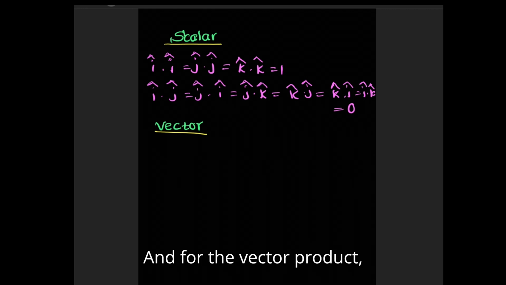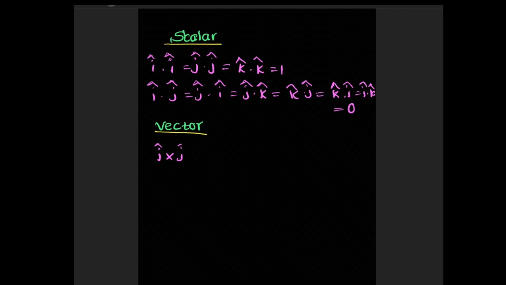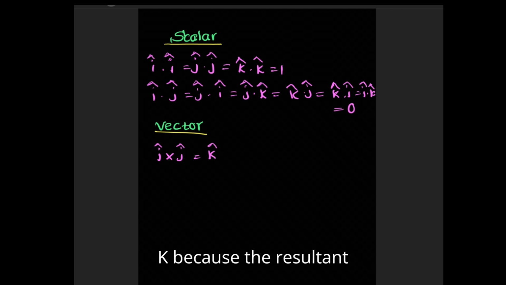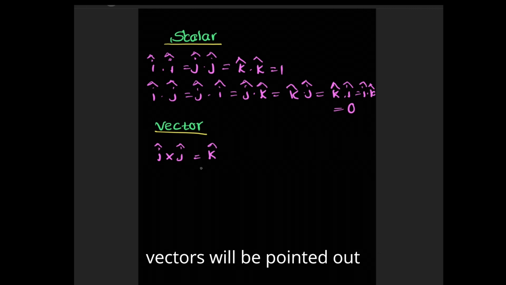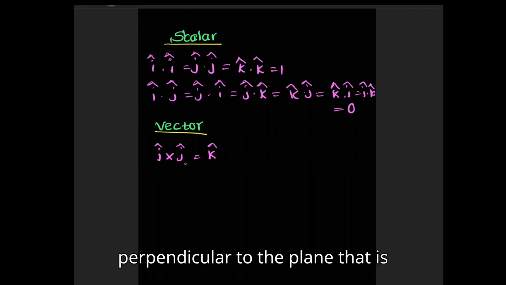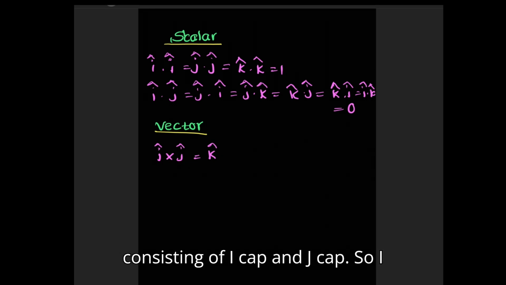And for the vector product, i cross j is equal to k, because the resultant of cross product between any two vectors will be pointed out perpendicular to the plane that is consisting of i cap and j cap.